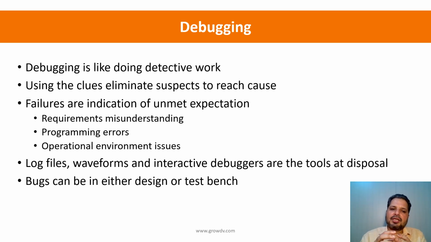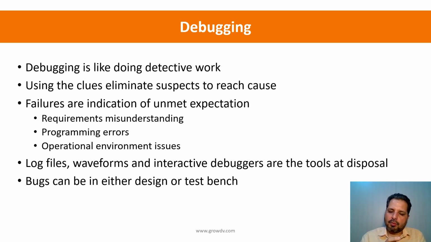So when a test fails, the first step is that you figure out what scenario has been generated using the log files, and then you look at the activity on the interface between the test bench and the DUT to figure out whether the problem is with the test bench or with the design. And if the problem is with the design, typically you go deeper using the waveforms as an approach to figure out where things have gone wrong.